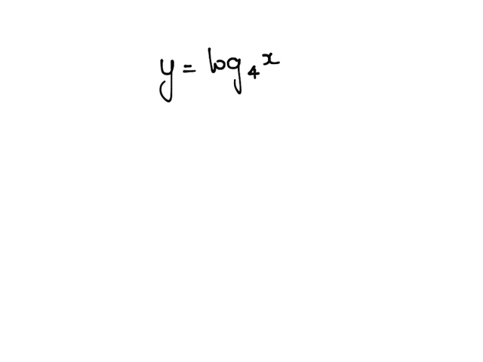So if I ask you what is dy by dx, students, many of you or some of you will answer incorrectly, saying that dy by dx is equal to 1 by x, because derivative of log x is 1 by x, which is not true in this case. You might wonder why. Very simple.